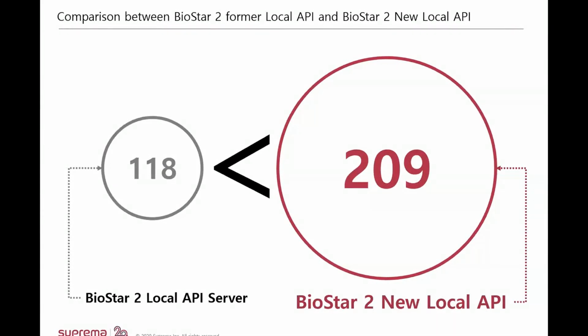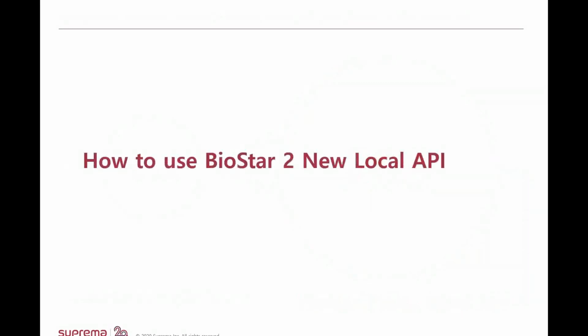Compared to the number of available APIs, 118 APIs were previously released, but 209 APIs will be available through BioStar 2 new local API. Let's see how we can use the BioStar 2 new local API.